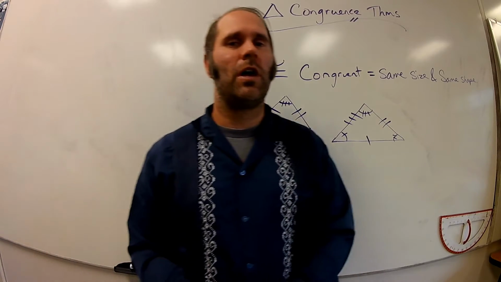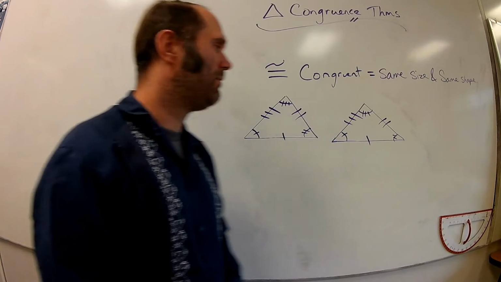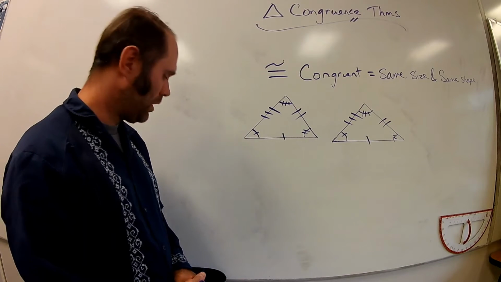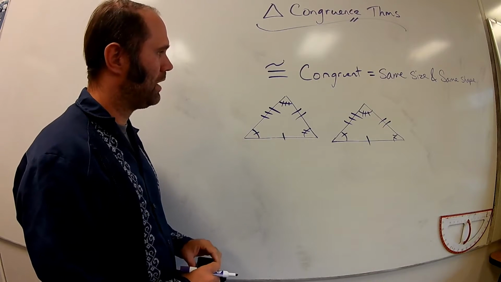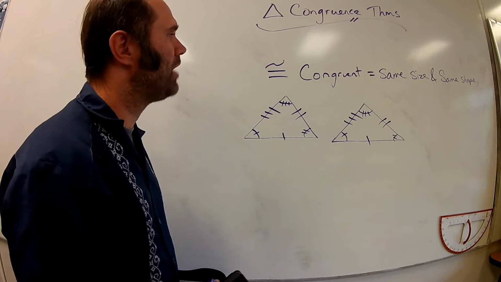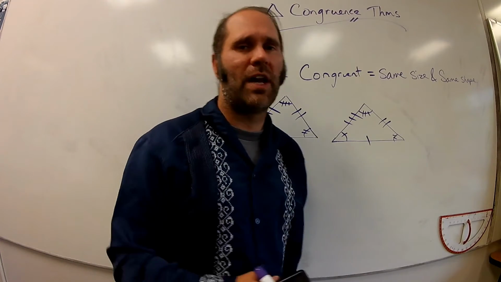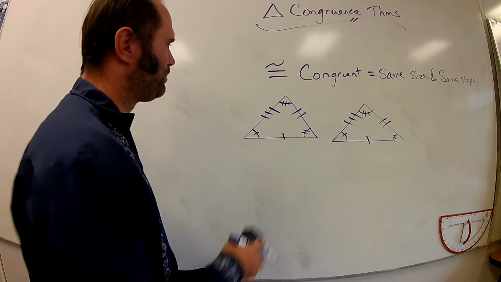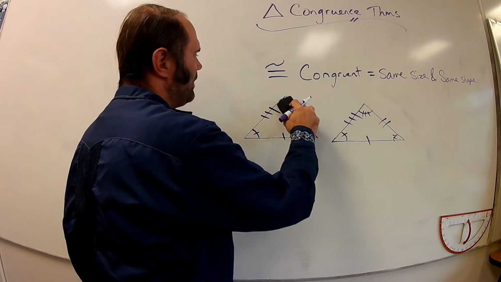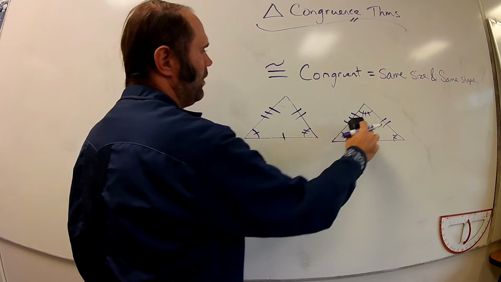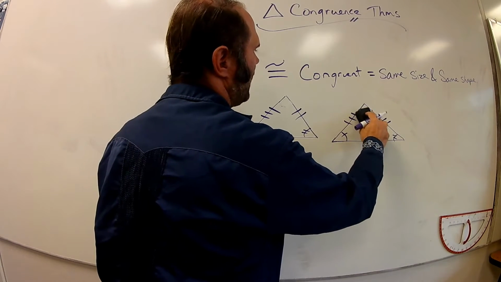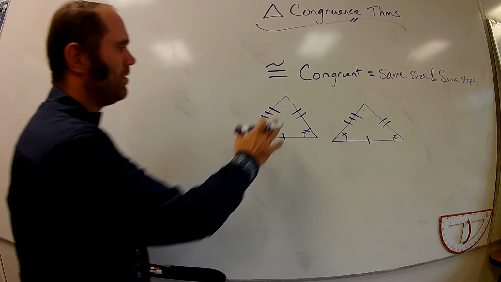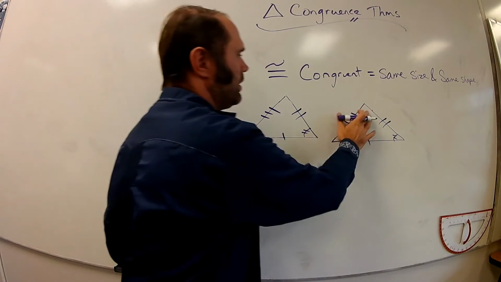So how much information do you have to know that two triangles are congruent? That's the question we're going over right now: how many different sides and angles do we have to have, and are there different combinations that matter? Let's say that we didn't know that the third angle was the same measure. We had two of the three angles, and we had the three sides. Would that be enough information to say, yes, these are still congruent?